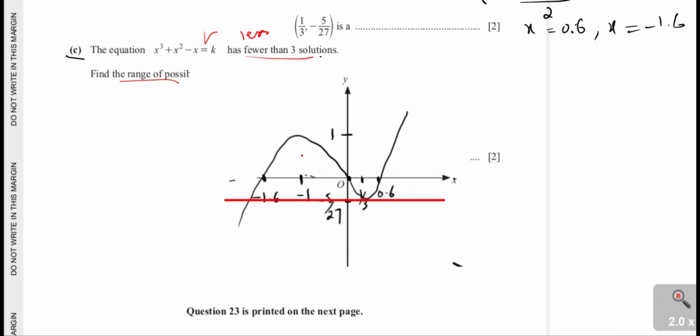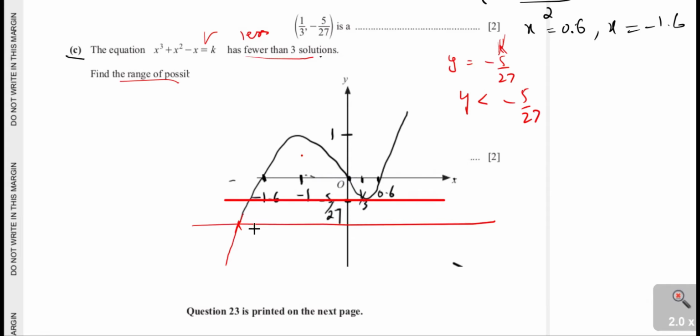Therefore, when y equal to minus 5 over 27, the k value will be minus 5 over 27, and at this position the graph has 2 solutions. And if we draw a straight line y less than minus 5 over 27, look here, this straight line intersects the graph at 1 point. Therefore, it has also fewer than 3 solutions.